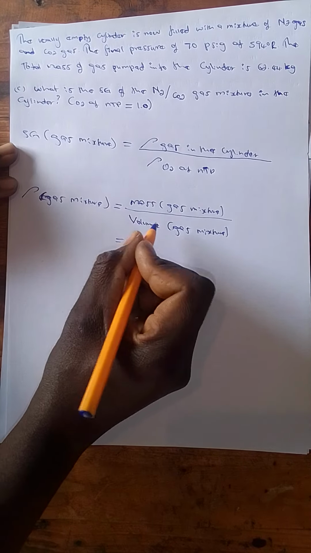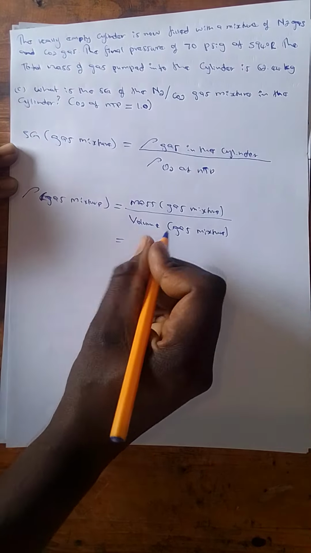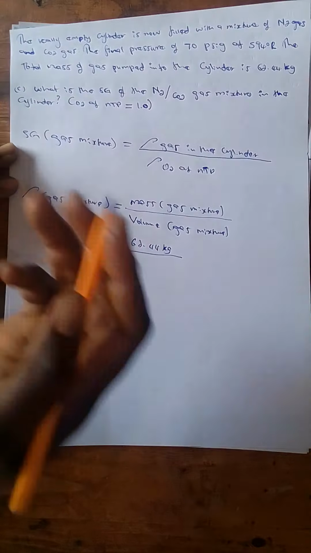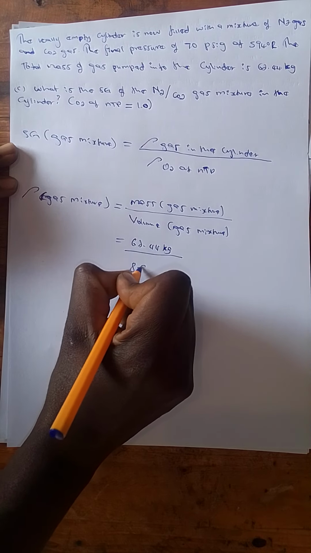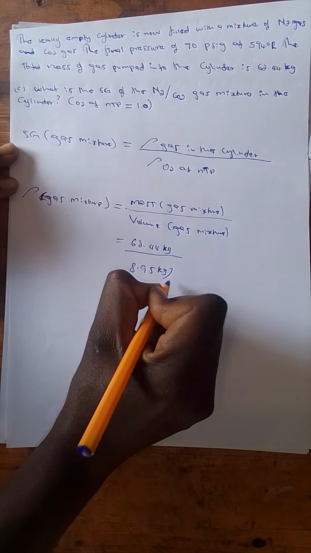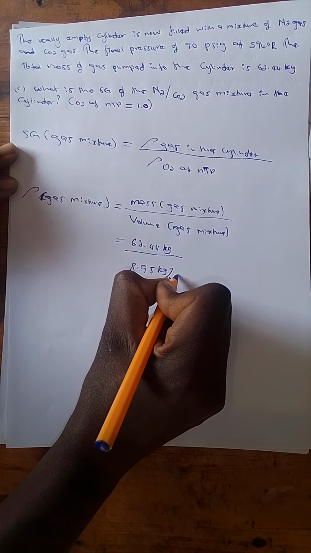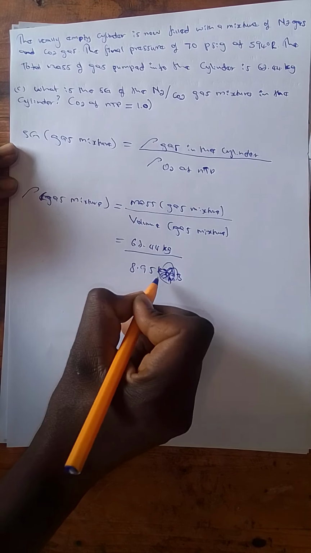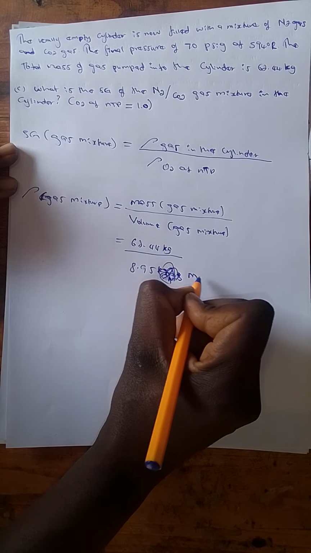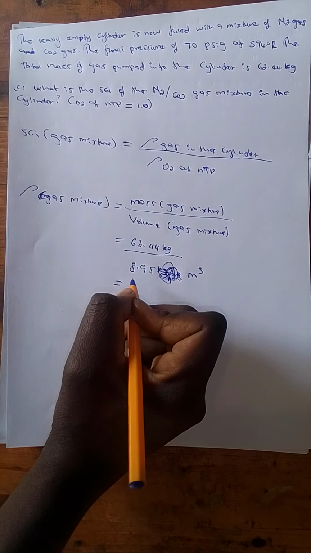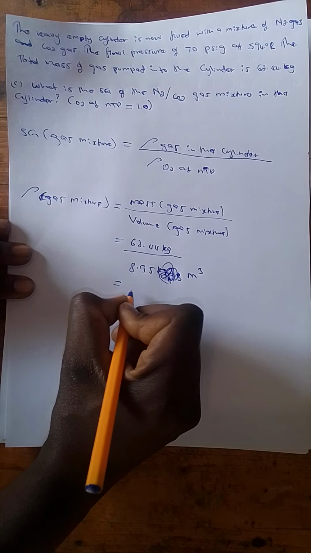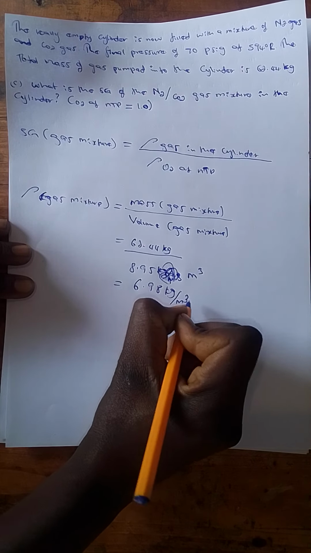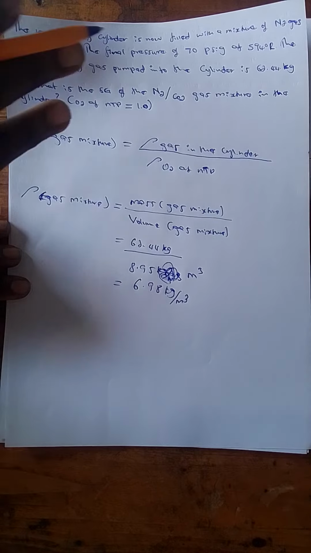The mass of the gas mixture, we are told, is 62.44 kilograms, all over the volume. We know the cylinder volume doesn't change, so it's still 8.95 meters cubed. If you use your calculator, it gives you 6.98 kilograms per meter cubed. So this then becomes the density of the gas mixture at those conditions.